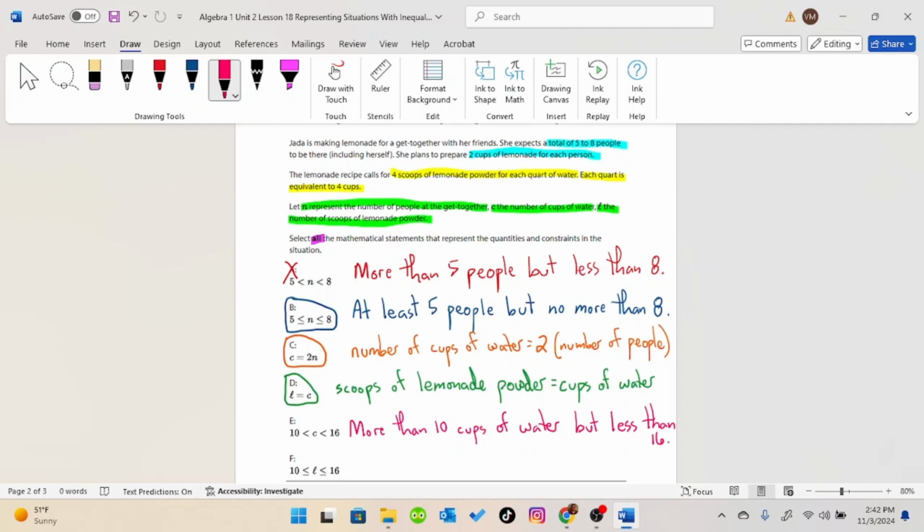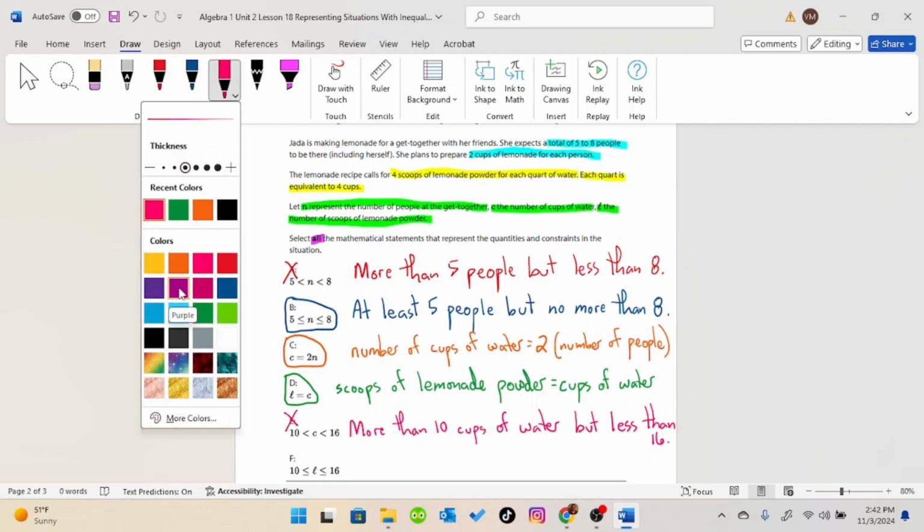But this is the same problem we had in A. It's not including the possibility of 10 or 16, which would happen if there are 5 people or 8 people. So E is not a correct equation.